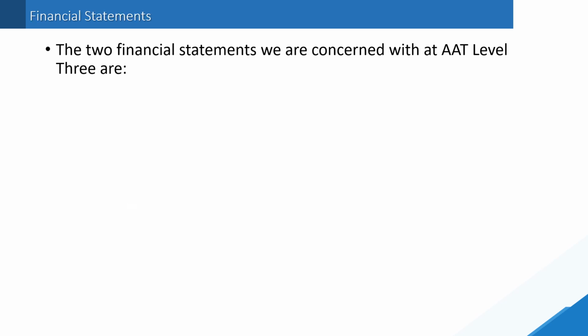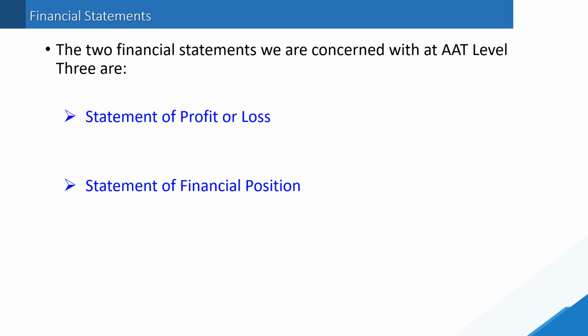The two primary financial statements we're concerned with at level 3 are your statement of profit or loss and your statement of financial position. The statement of profit and loss monitors the performance of the business over an accounting period, generally a 12-month period. It looks at the sales the business has made.